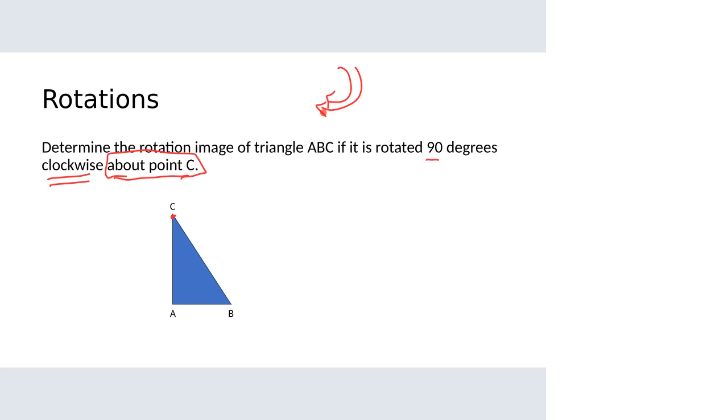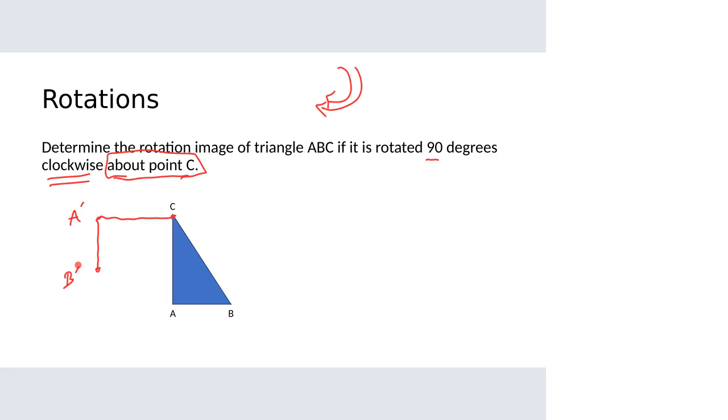Something nice about 90 degrees is if it's vertical, it becomes horizontal. So we can move that and it's going to go here, and that's where A prime is going to be. And then this horizontal line is going to become vertical. And so that can go right here, and that's where B prime is going to be.